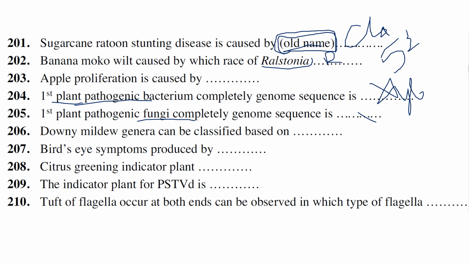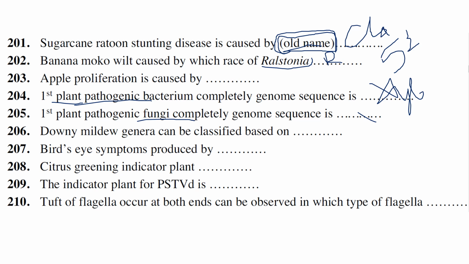So in 2023, probably 2021 probably, yeah, they asked what the genome sequencing related to bacteria is. They mentioned the first human bacterium that is completely genome sequenced and the plant pathogenic bacterium, like Haemophilus influenzae and Xylella fastidiosa, in the same option only. So to have the knowledge regarding the 2021 paper, we have already published the 2021 NET paper.